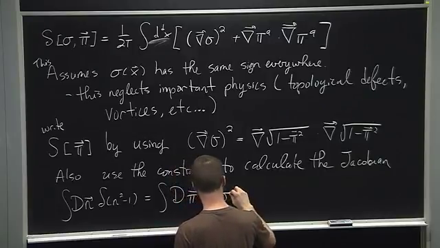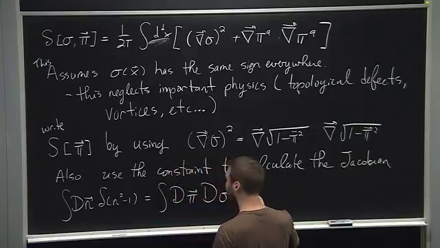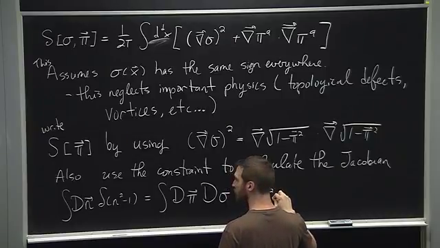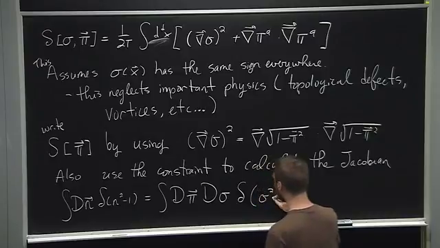So there's two functional integrals, and then delta of sigma squared. So this is n squared plus pi squared, right?